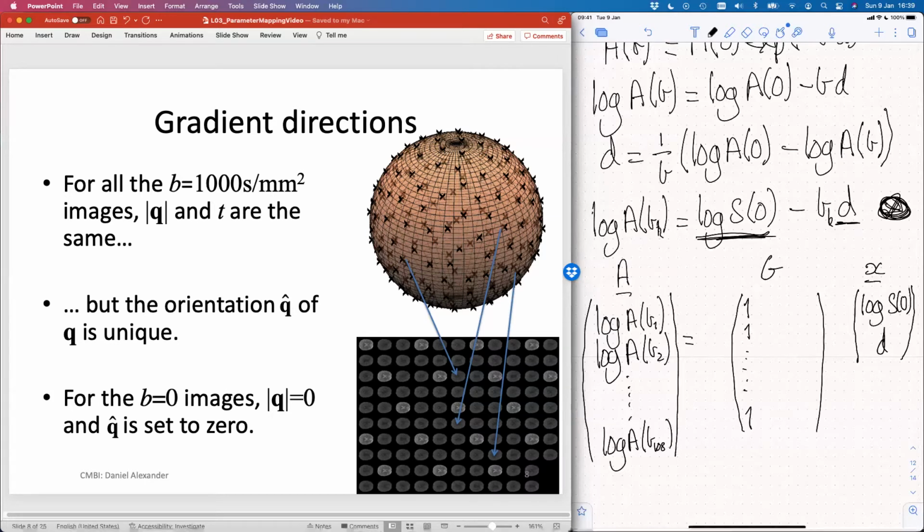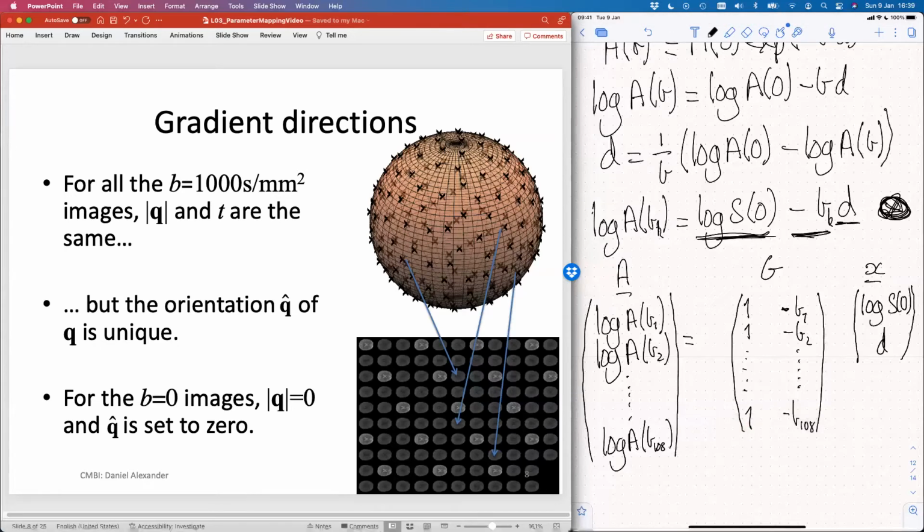And then the coefficient of D is minus B_K here. So the design matrix then contains minus B1, minus B2, all the way down to minus B108. Once we construct the design matrix like that, we can then solve this linear system of equations in the usual way in order to obtain estimates of the unknown parameters X.